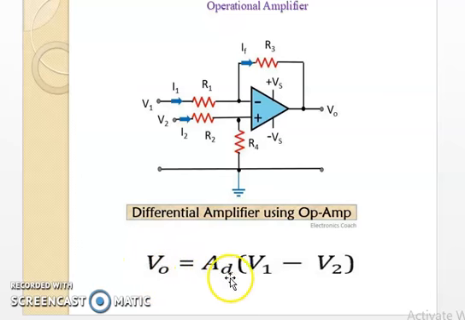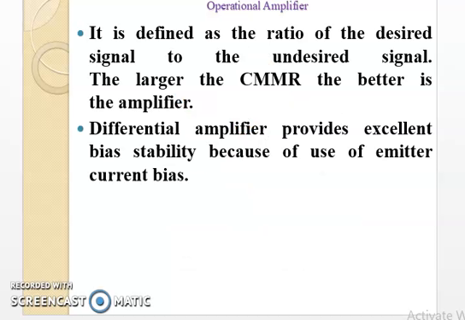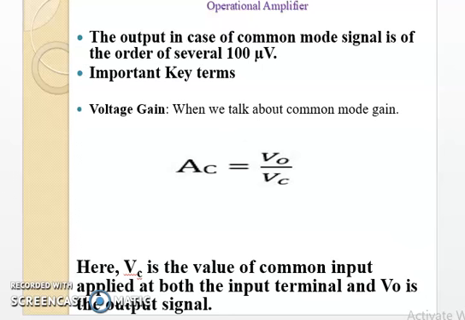No difference between two inputs, the difference is 0, so the output voltage will be 0. But practically, whenever two similar inputs are applied at both the input terminals, the output is not exactly equal to 0. This point, remember.